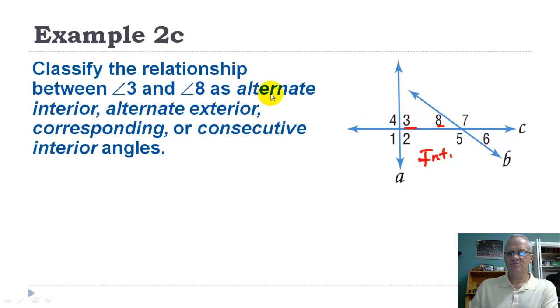Are they alternate interior or are they consecutive interior? What do you think? Well, remember, consecutive interior means right next to each other on the same side. So these would be consecutive interior angles.